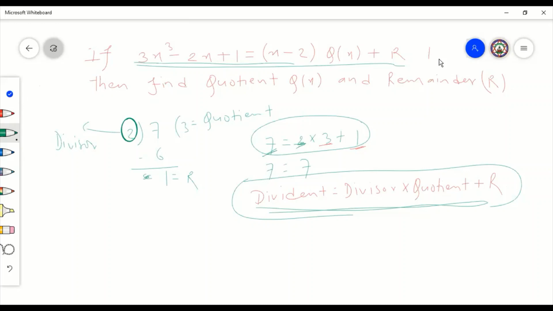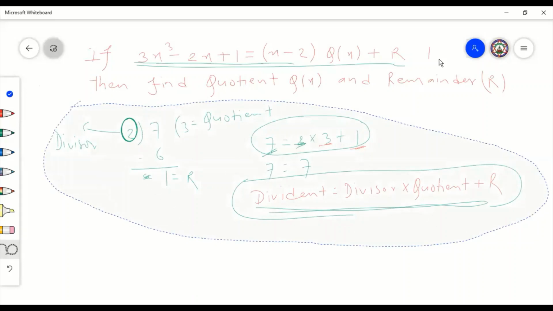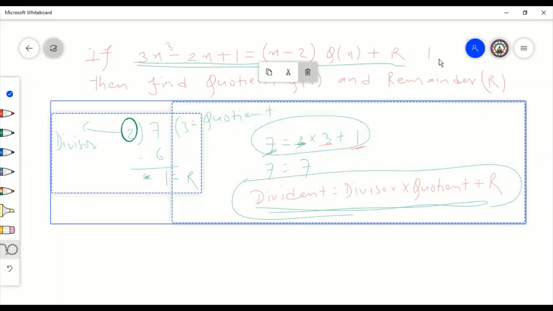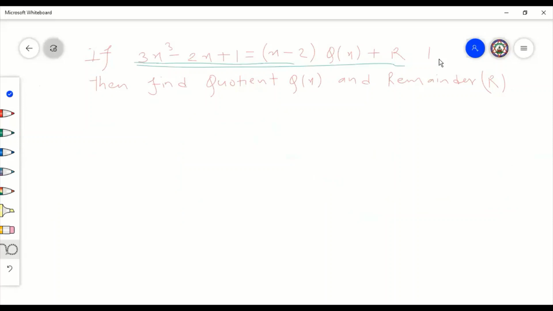Okay, now going to solve this question. Now, second. Here we take this first. Here you are given one equation. Solution first.